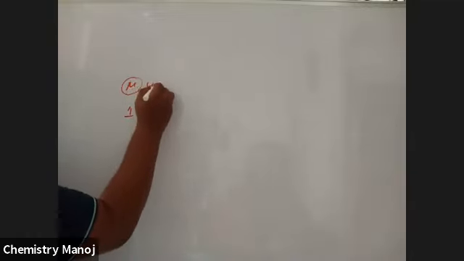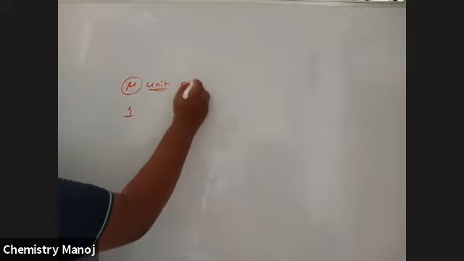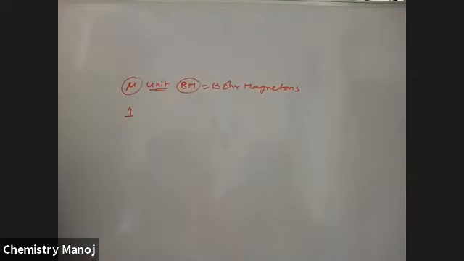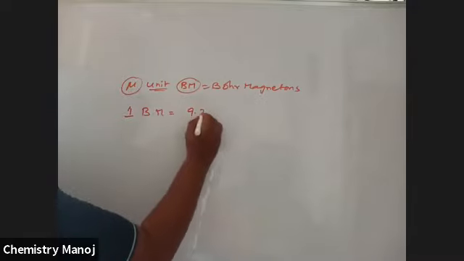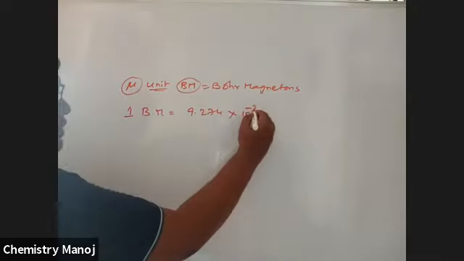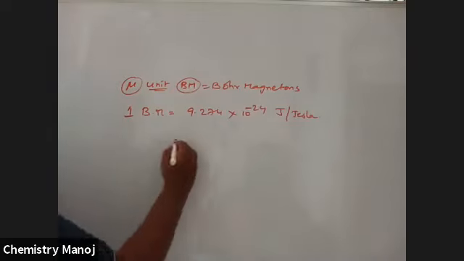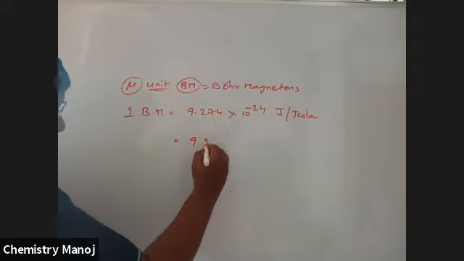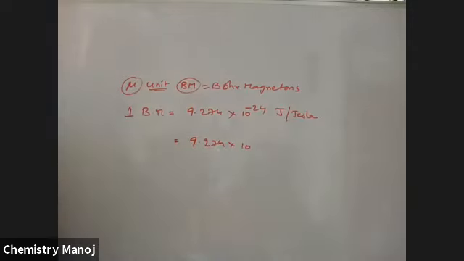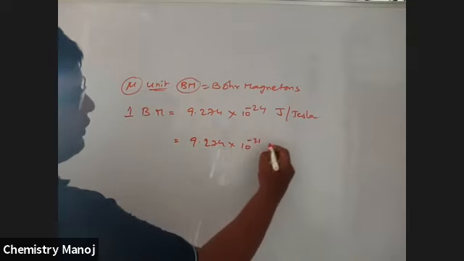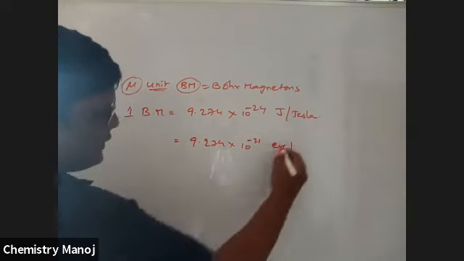The unit of mu is Bohr magneton. One Bohr magneton is equal to, for values, please mind, 9.274 into 10 power minus 24 joule per Tesla, which is equal to 9.274 into 10 power minus 21 erg per gauss.